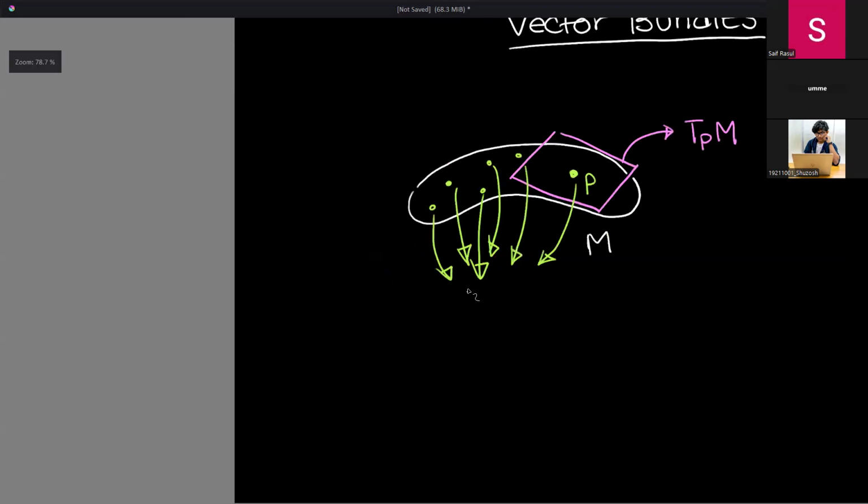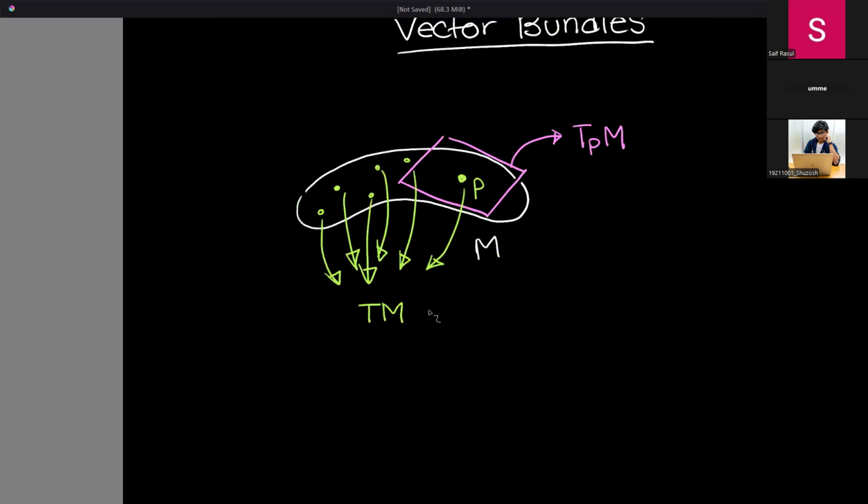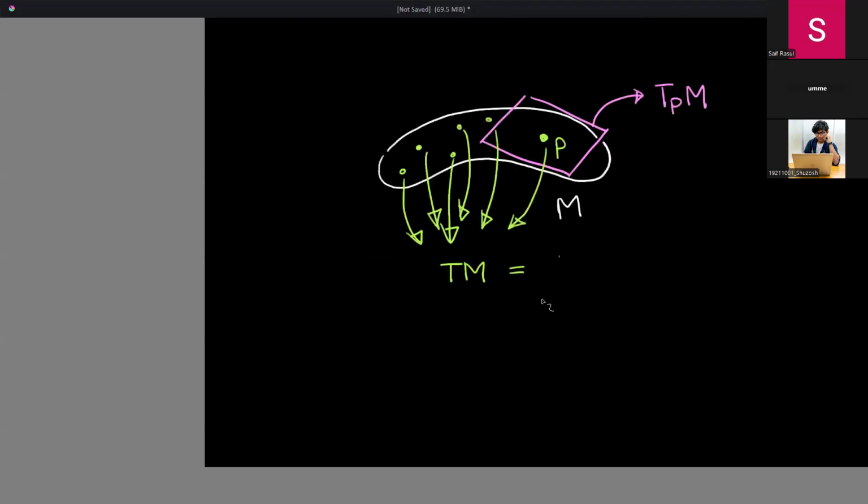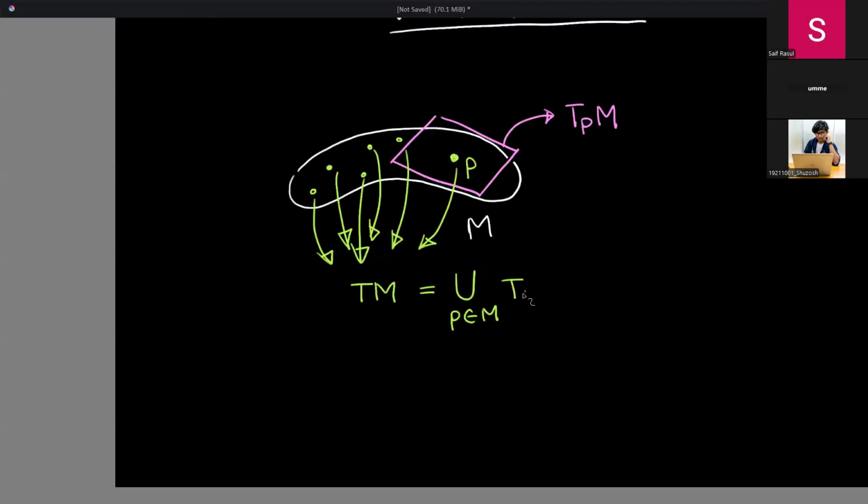This will give you something called TM, which is the union, over P an element of M, of TPM. So every point on the manifold. This is called the tangent bundle. We'll come back to the tangent bundle a little later.